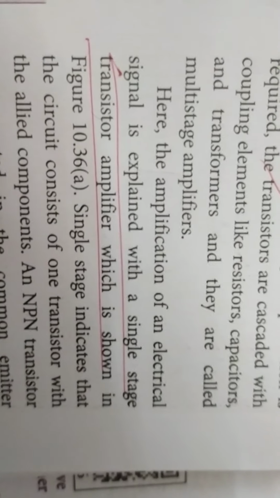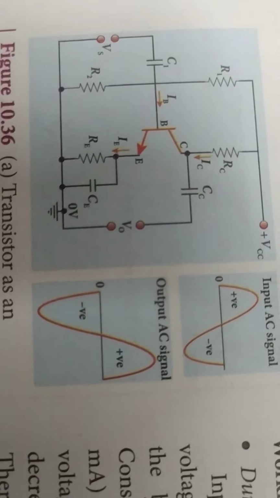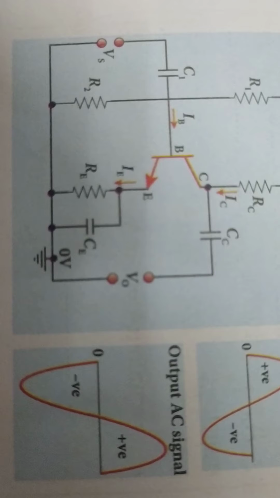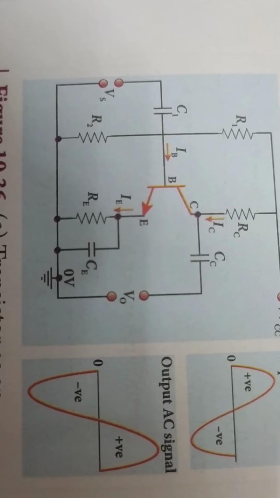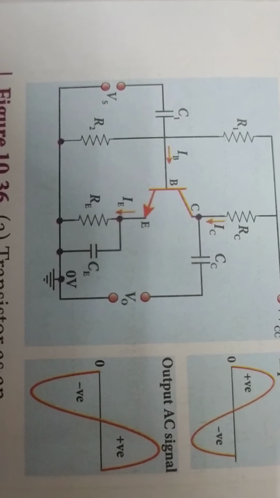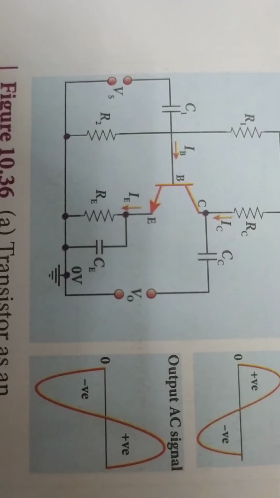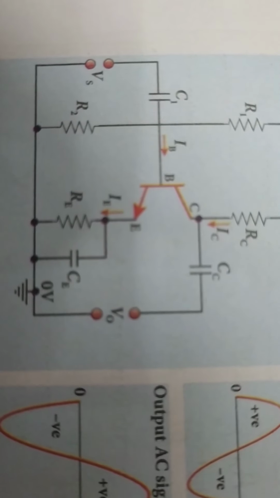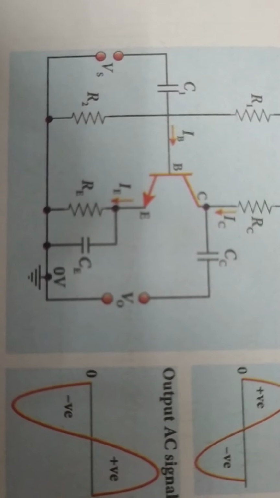That is, we are going to get the single stage, and this is a circuit diagram for the transistor as an amplifier. And here IB is the base current, and R1 and R2 are the resistances used to bias the circuit, that is, you are either giving forward bias or reverse bias depending upon the situation. And C1 is the capacitor, so the capacitor will allow only AC signals to pass through.